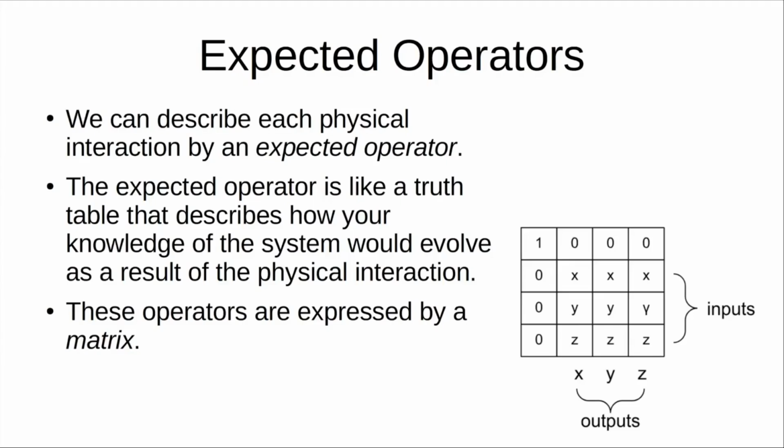So now we're going to talk about expected operators. Every physical interaction can be described by what's called an operator. These operators are like truth tables that describe how your knowledge of a system would evolve as a result of the physical interaction. You have inputs, which are your state of knowledge before the interaction, and you have outputs, which is how your state of knowledge changes after the interaction. Every physical interaction you can describe with one of these operators, and each operator is a matrix.